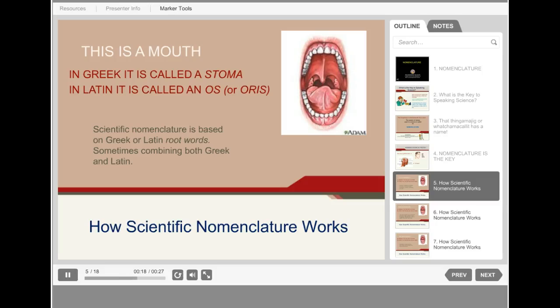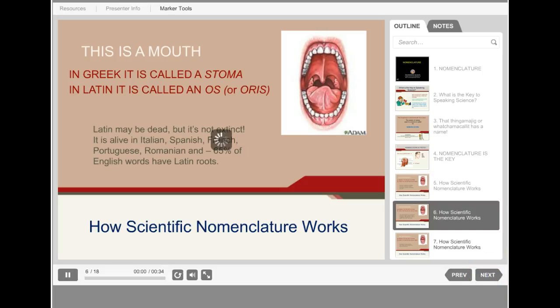Scientific nomenclature is based on Greek or Latin root words, sometimes combining both Greek and Latin. Latin may be dead, but it's not extinct. Latin was a technically precise language, which made it too cumbersome to use in everyday conversations.